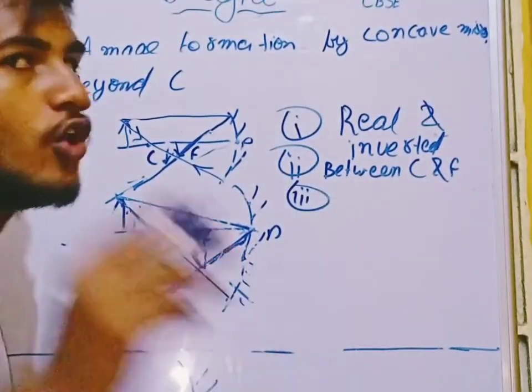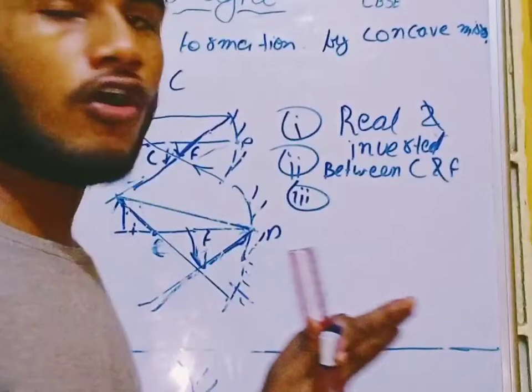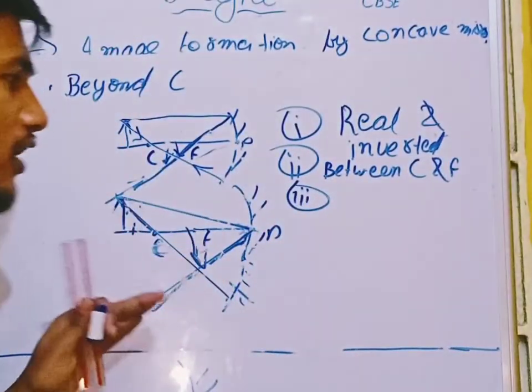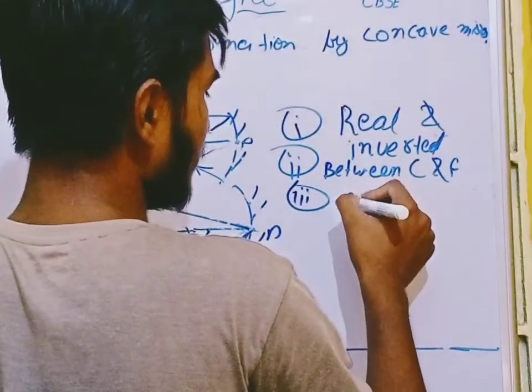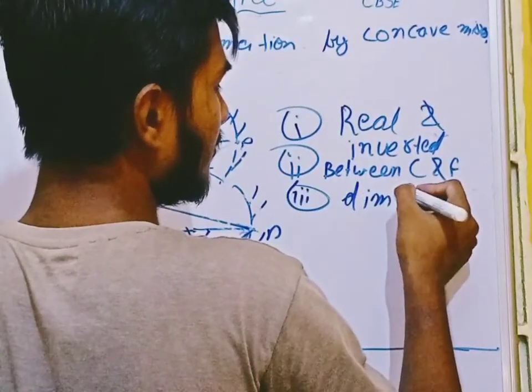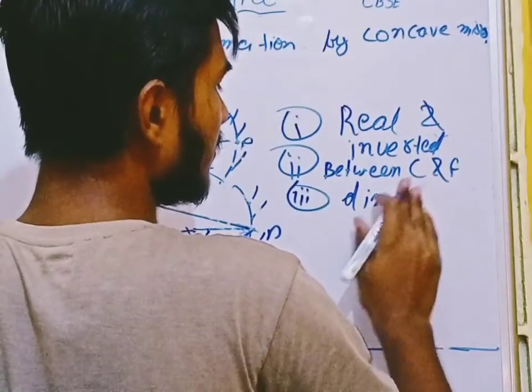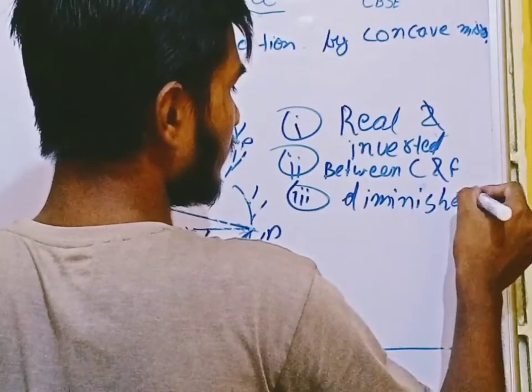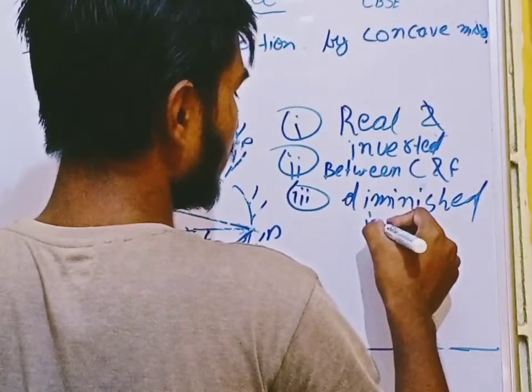Then here it is in front of the object, so it is going to be formed a diminished image.